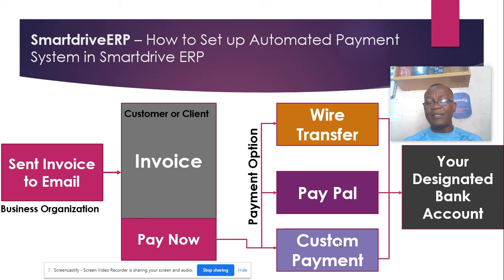You can integrate this system with Interswitch in such a manner that once your invoice goes out, your customer or client will have Interswitch as a payment method, and then they will be able to pay you. Now, whether it is by wire transfer, PayPal, or a custom payment that you've done, it is all integrated into your bank account. It goes straight into your bank account.